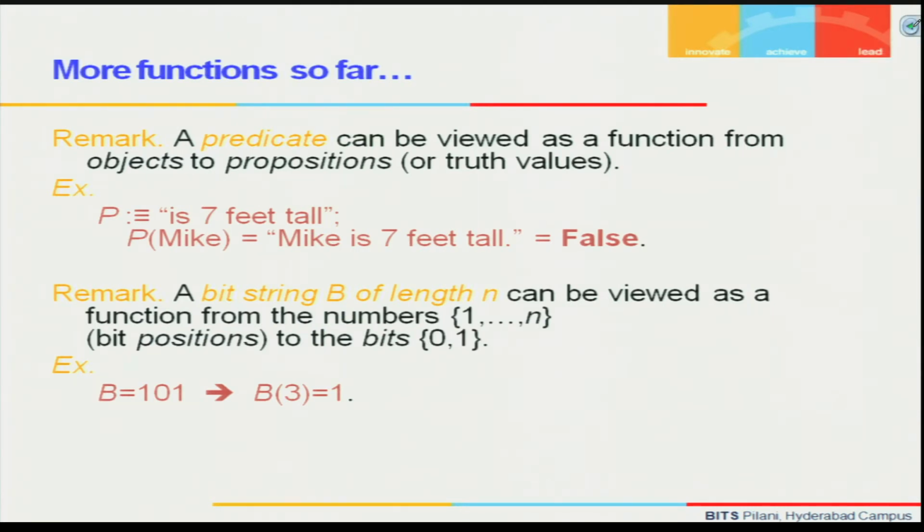Another important thing is a predicate. How do you define a predicate? We define a predicate something like P(x): x is sleeping. This is a predicate, isn't it? This is the example that we have taken, and the universe of discourse happens to be in this case the set of all human beings.